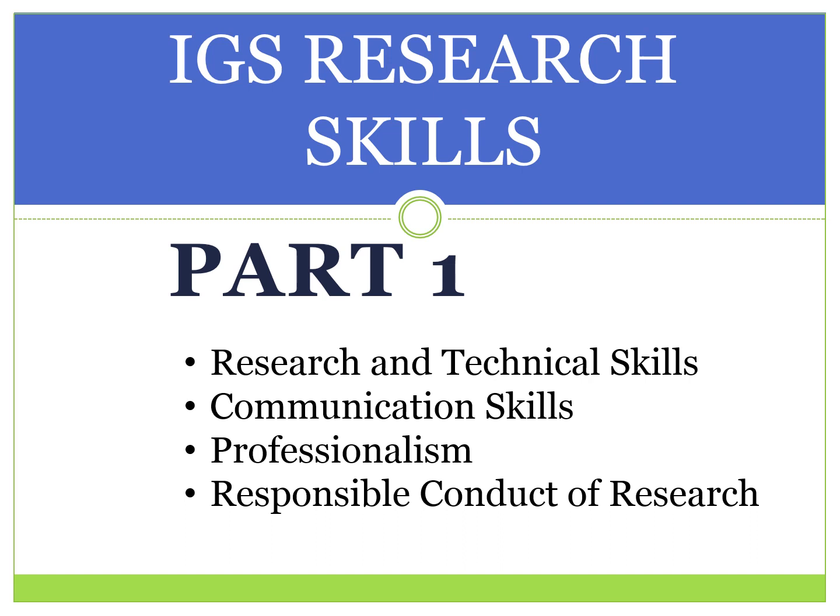So this presentation consists of three parts. The first part involves the other skills, the soft skills of being a postgraduate student. Apart from research and technical skills, you must have communication skills. You have to be a professional researcher and be responsible in conducting your research work.